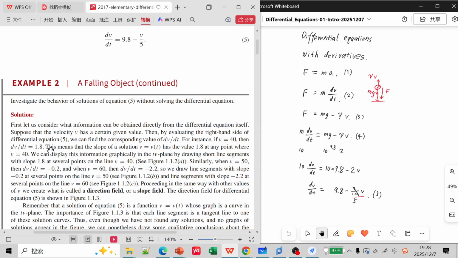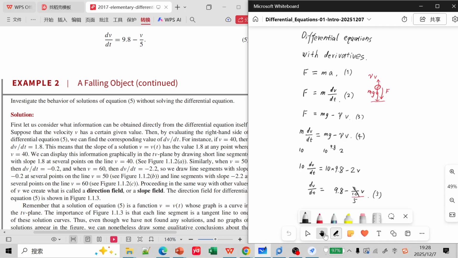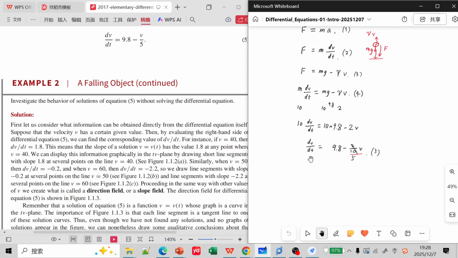So what does this mean? Let's look at this equation. This is the fifth equation.